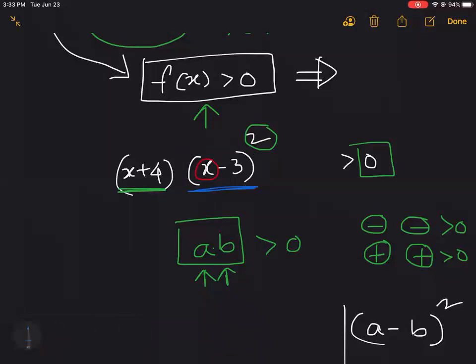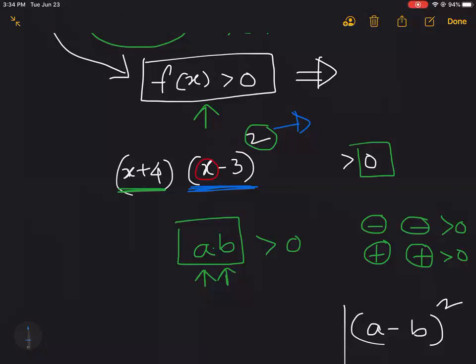Whatever I take for this part, I know it will be positive because of the square sign, because an even exponent always makes your function positive. It's not only for 2. It's true for all the even exponents: 2, 4, 6, 8, and so on. Whatever your value of x is, the resulting value will always be positive.